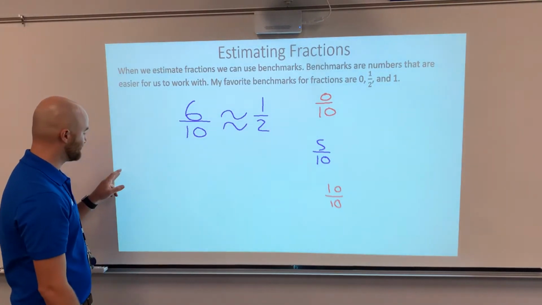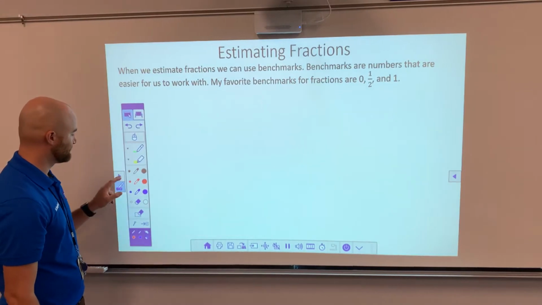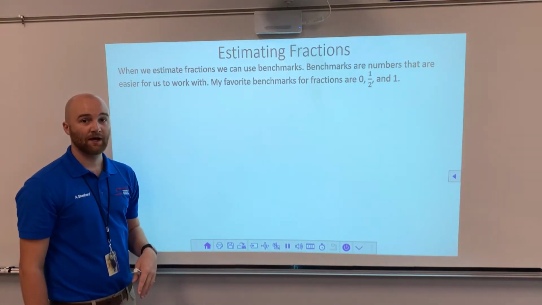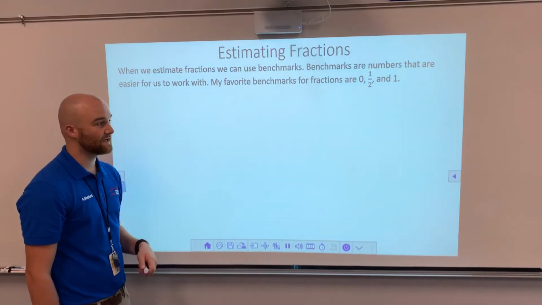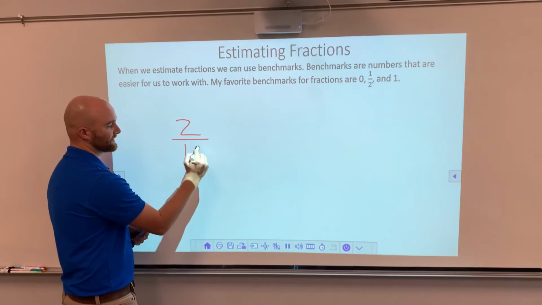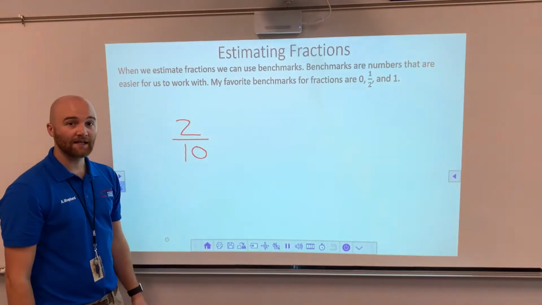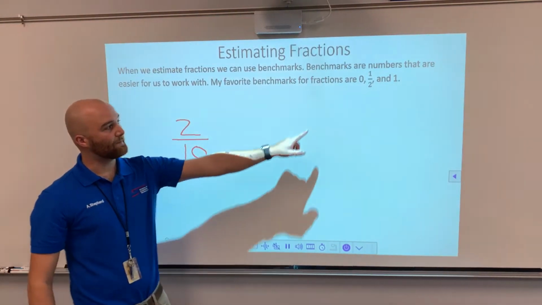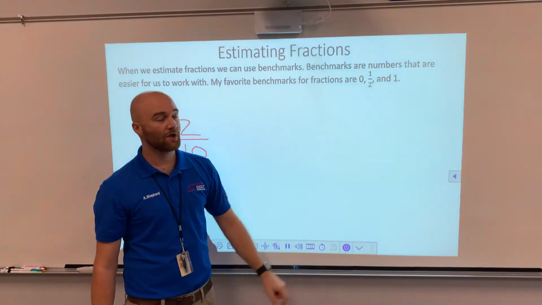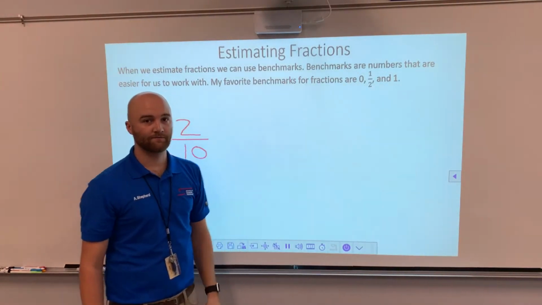Let's see another example. This time, let's do another one with the denominator of 10. I've got the number 2/10, and I'd like to know, is that about 0, about 1/2, or about 1?